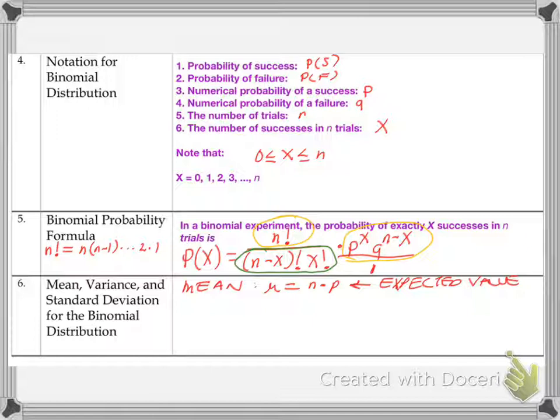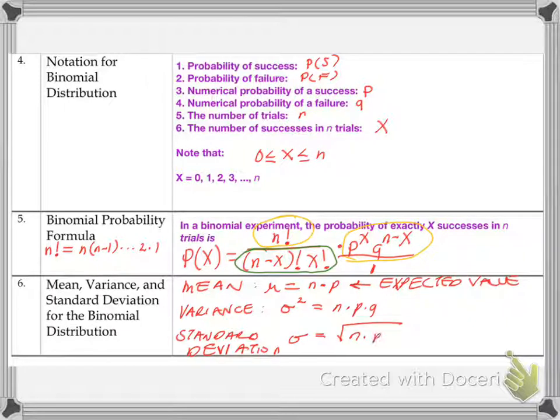Variance, when we talk about a binomial distribution, is given by sigma squared equals n times p times q. And if you know the variance, then you should know the standard deviation, because you just take the square root of the variance. So sigma is the square root of n times p times q.